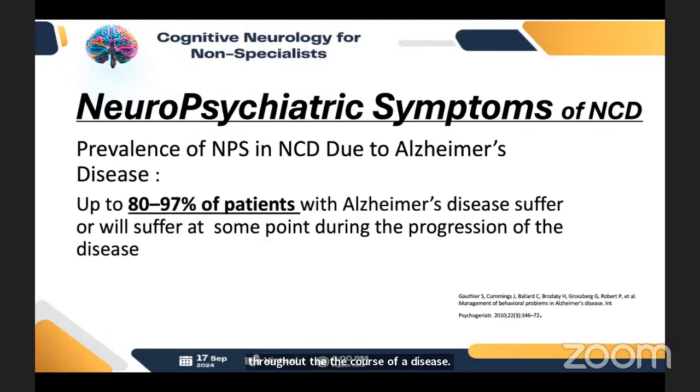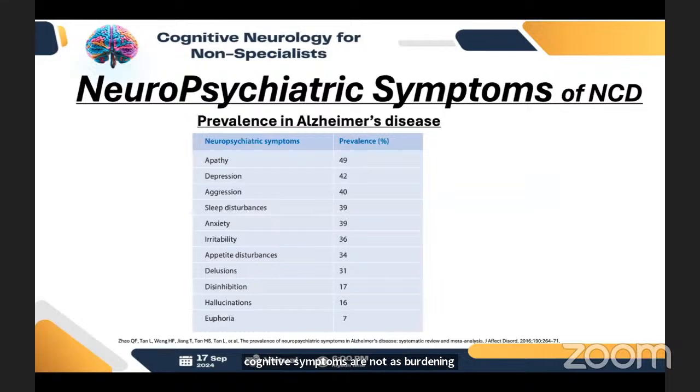In many studies in the literature, they tell you that neuropsychiatric symptoms are extremely common, with up to 80 or 97% of patients with Alzheimer's suffering from those symptoms throughout the progression of their disease. And that's a huge number. A lot of the time, the cognitive symptoms are not as burdensome as the non-cognitive or neuropsychiatric symptoms.